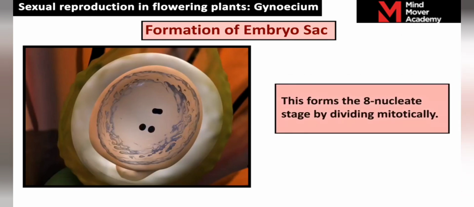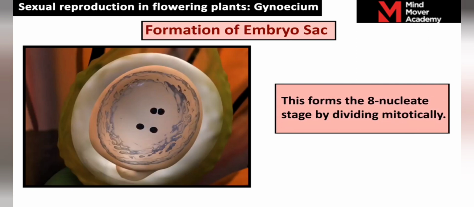This in turn forms the 8-nucleate stage by dividing mitotically. It is of interest to note that these mitotic divisions are strictly free nuclear. That is, nuclear divisions are not followed immediately by cell wall formation. Hence, we use the term 8-nucleate stage instead of the term 8-cell stage.